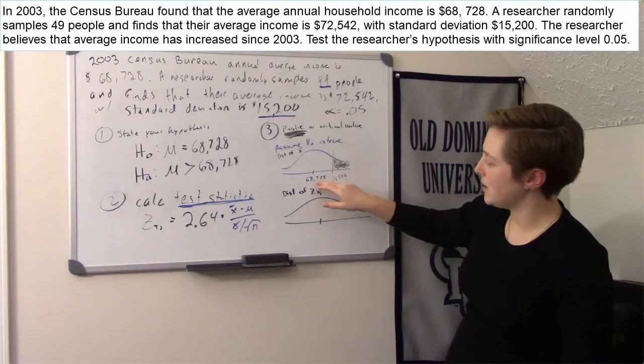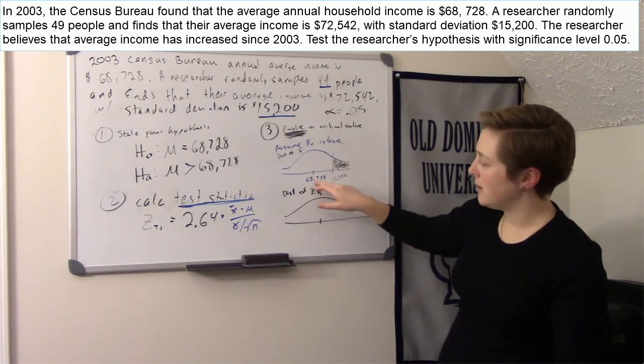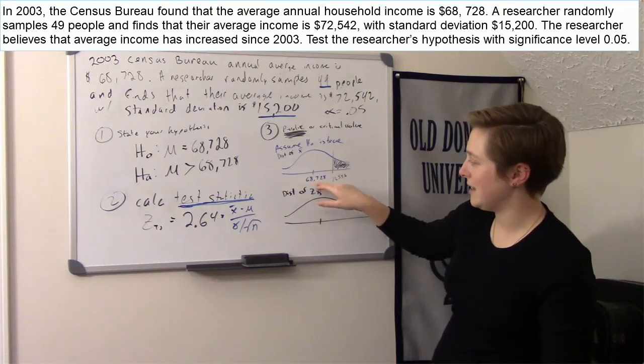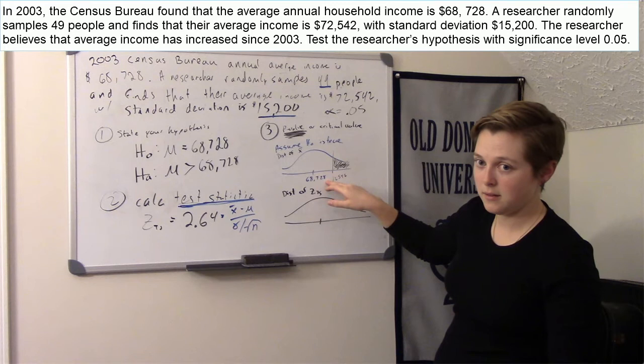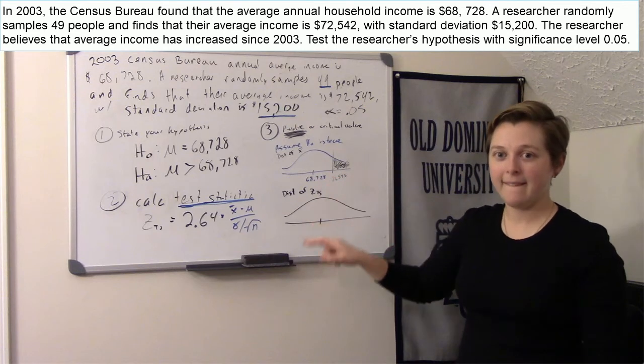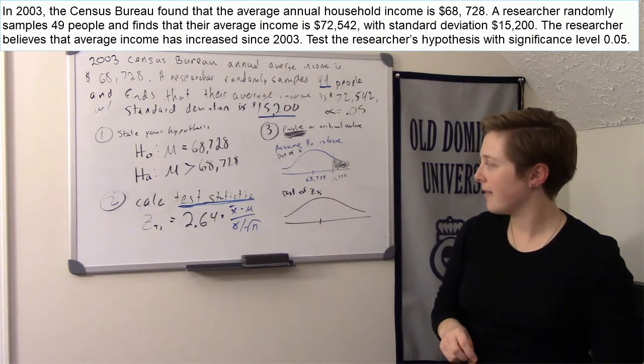What's in the center here for the distribution of z? If this x bar is 68,728?